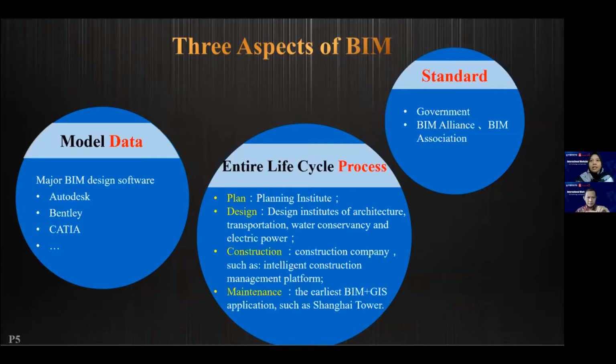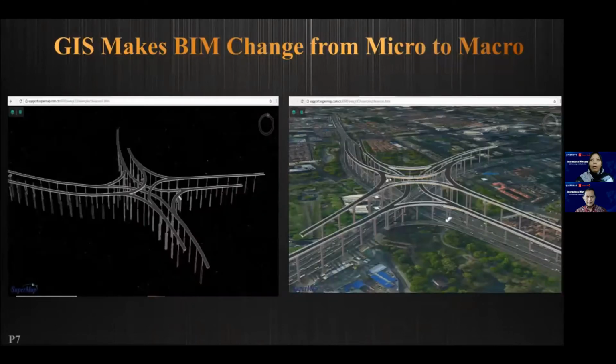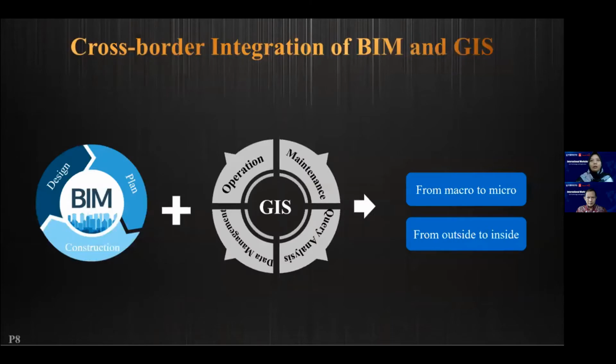BIM and GIS have a natural complementary relationship because for 3D GIS, BIM data is an important data source of 3D GIS, which can make 3D GIS move from macro to micro and also realize fine management at the same time. On the other hand, the integration with BIM data makes 3D GIS move from outside to indoor, realizing the integrated management of indoor and outdoor.